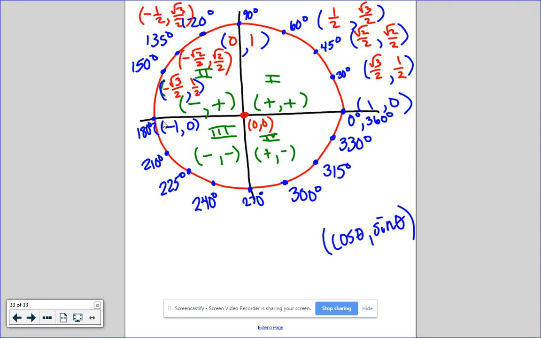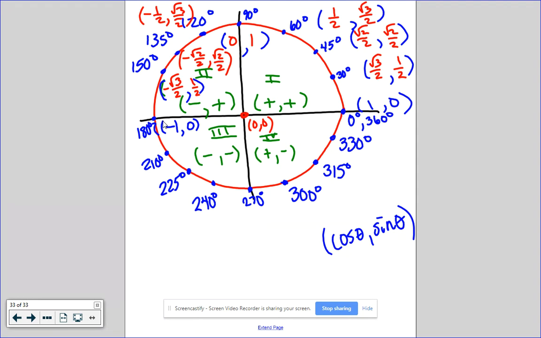Okay? Now, if we look at 210, 210 is how many degrees from 180? 30, right? So we know 210 is going to be a reference angle of 30 degrees. So we look at quadrant 3. What do we know about quadrant 3? Both sine and cosine are both what? Negative.